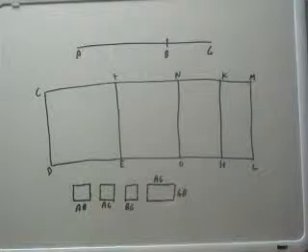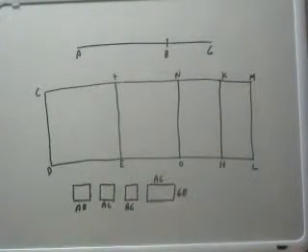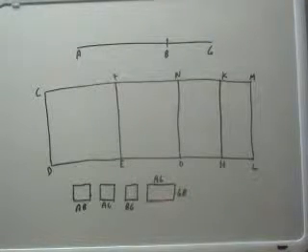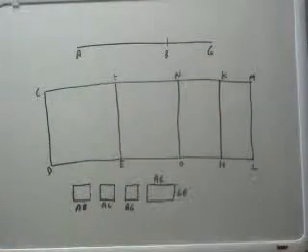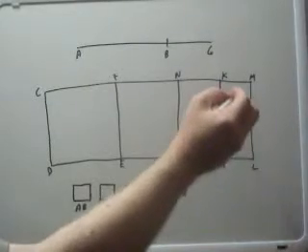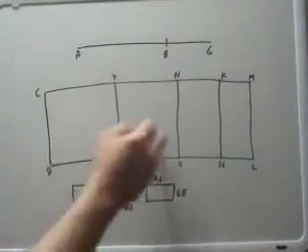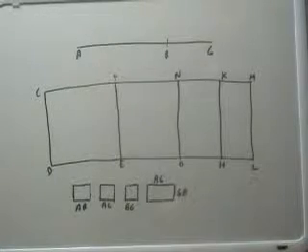Therefore, NL, that's these two, is a mean proportional between CH, which is these three right across here, and KL, which is this. Therefore, as CH is to NL, as these three are to these two, so is NL, which is these two, to KL. But as CH is to NL, as these are to these, so is CK to NM.